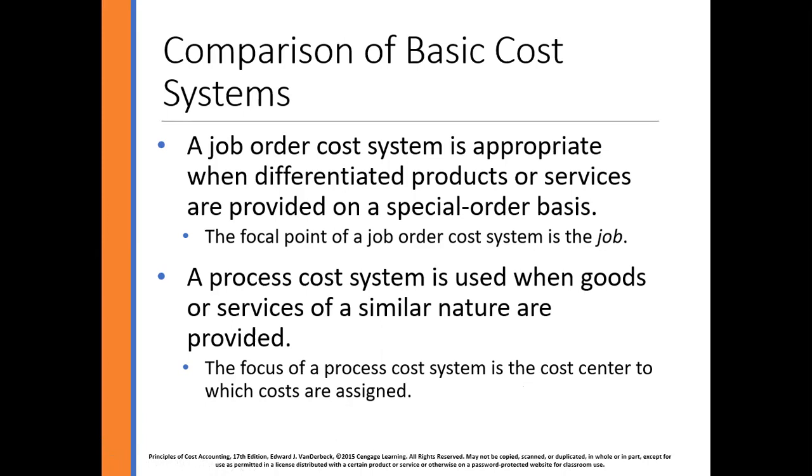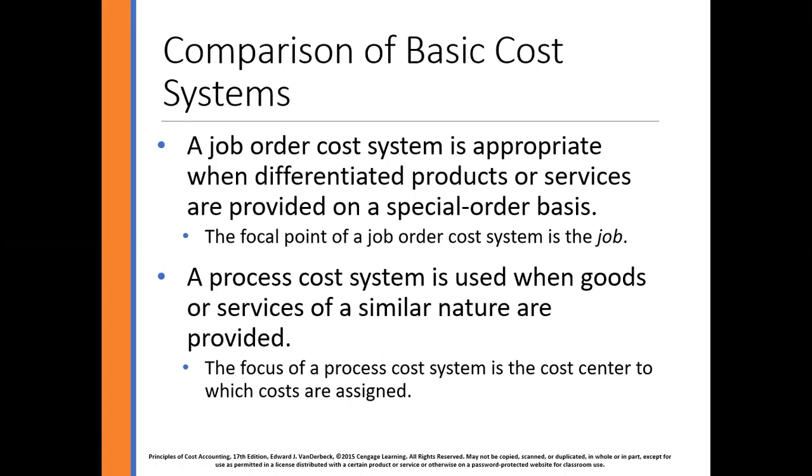So we accumulate costs per department. If we have two departments, for example, mixing and roasting, or blending and roasting, whatever they call it, I forget, we're going to accumulate material, labor, and overhead costs for department one, and then we're going to accumulate material, labor, and overhead costs for department two, right? So overall, in a job order cost system, each job is unique, each job is different, and costs are accumulated per job.